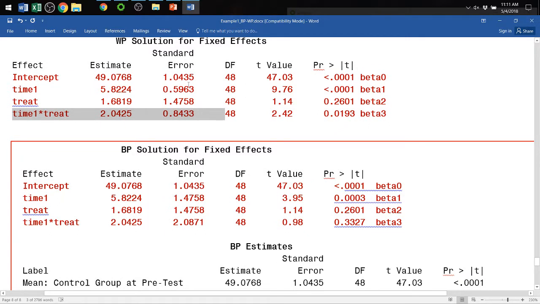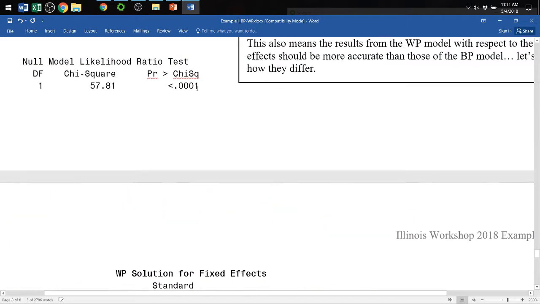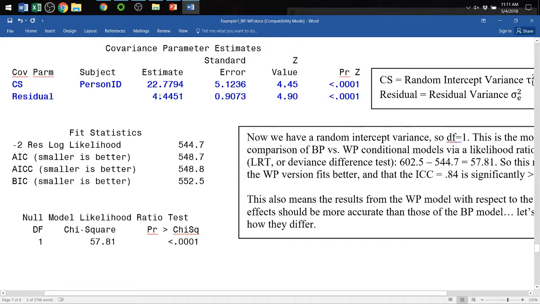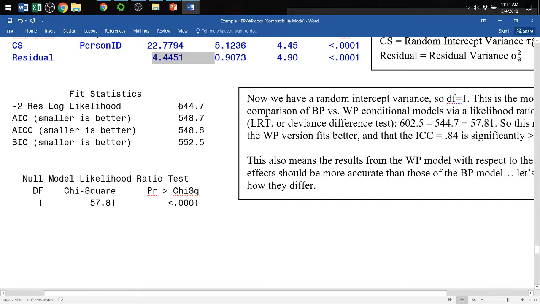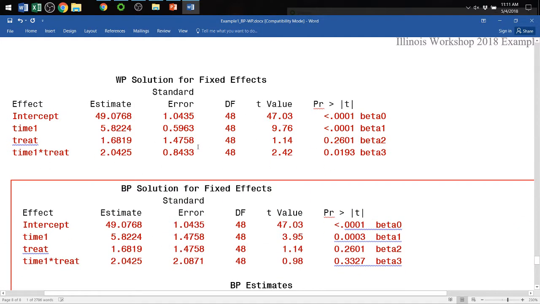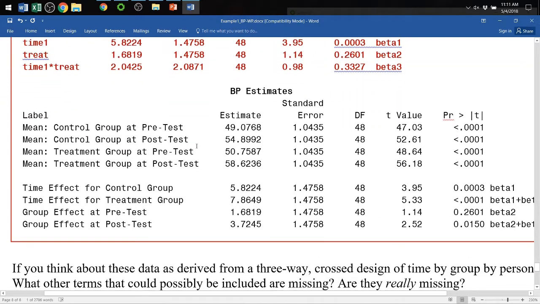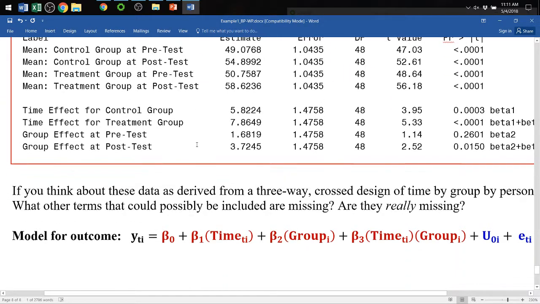And for two occasion data, this is perfectly fine. The only thing that you could potentially add to this model would be to let the residual variance that remains differ between pretest and post-test. That'd be the only other thing that I might be tempted to do for two occasion data, but otherwise, you can only have a random intercept.